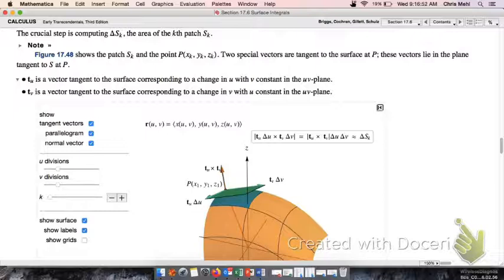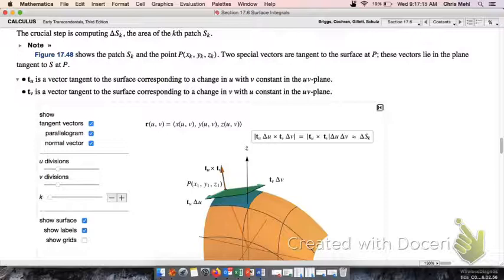And then if you look there, there's a vector that's normal to that little tangent plane. Now I could find the area of that tangent plane patch sitting above the patch on the surface, and it would be the magnitude of Tu delta u crossed with Tv delta v.